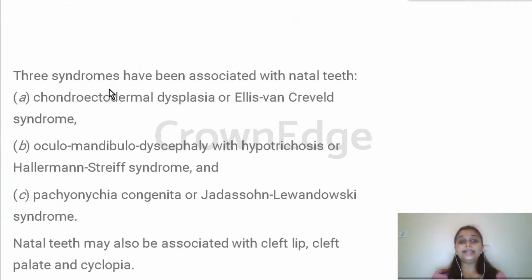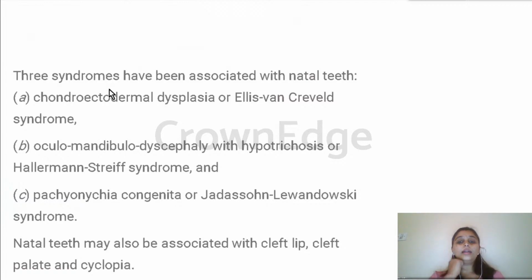And with natal teeth, you do have some syndromes that are associated with it. Okay, you have the chondroectodermal dysplasia or Ellis-van Creveld syndrome. Okay, the other is the oculomandibulofacial dyscephaly with hypotrichosis, the Hallermann-Streiff syndrome. Okay, the other one is pachyonychia congenita.